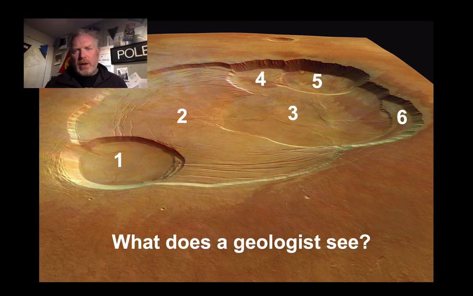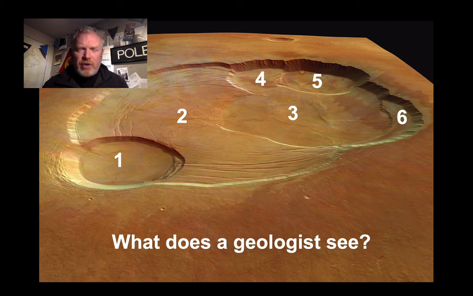So, I also asked you to think about how these form. These are certainly volcanic craters. We can see the features labelled X on your map.